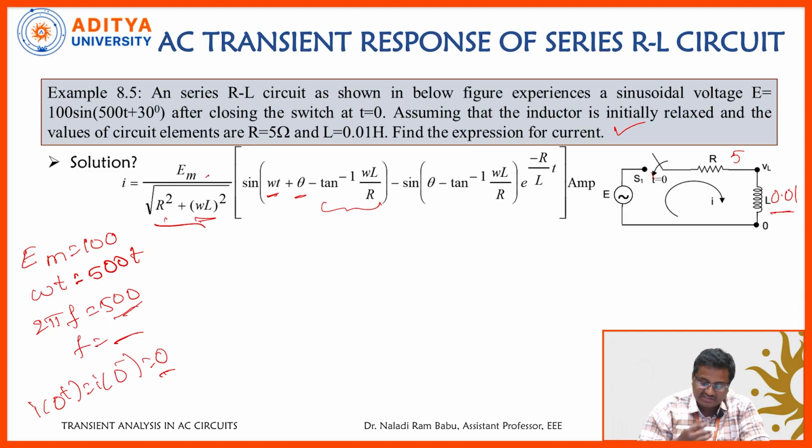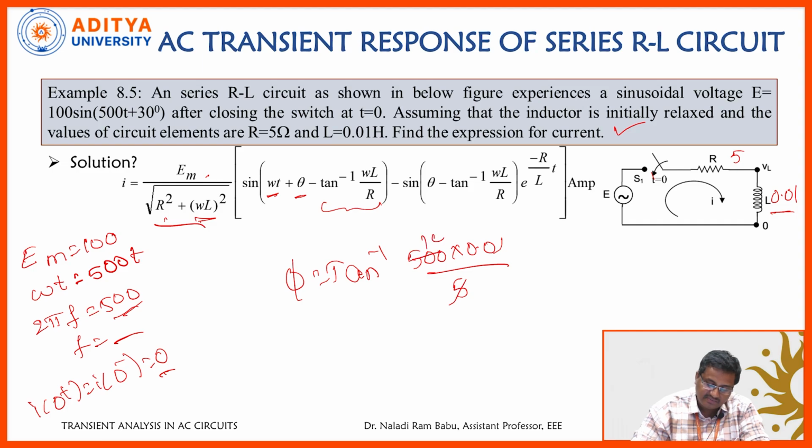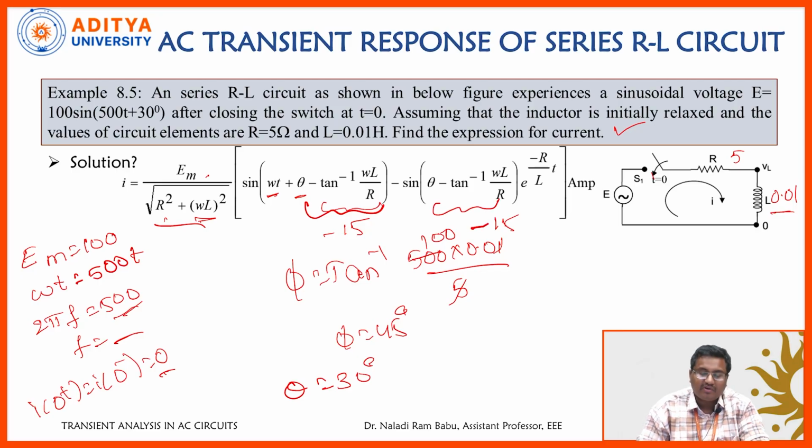This is phi, phi is tan inverse omega L by R, that means phi is equal to tan inverse of omega L, omega is 500, L is 0.01, divided by R, 5, that is 500 into 0.01 by 5, it will be tan inverse 1. Tan inverse 1 in the sense phi is equal to 45, okay, and theta is 30 degrees. Therefore, the value of theta minus phi is minus 15 degrees, okay, and this one is also minus 15 degrees. The power of R by L into t, substitute it and directly we will be getting the answer.